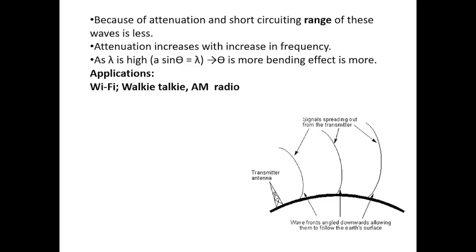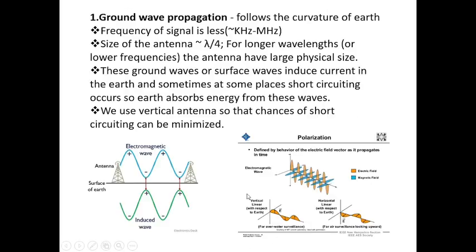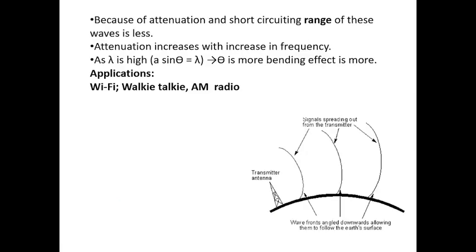But for these ground waves, due to short circuiting, the range is limited. Because of the induced currents on the earth surface, the attenuation, meaning decreasing strength, increases as we increase the frequency. So there is no use of increasing the frequency.